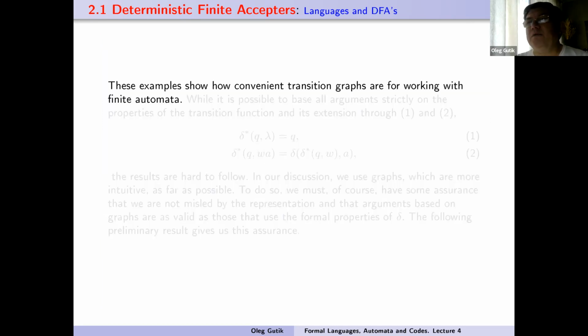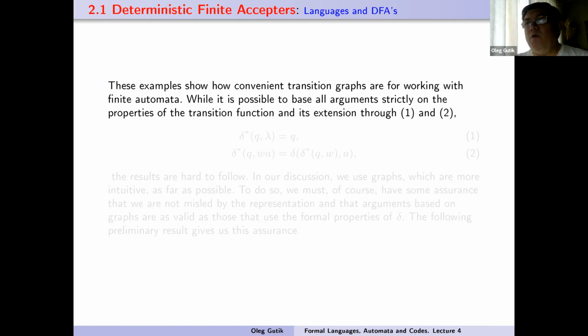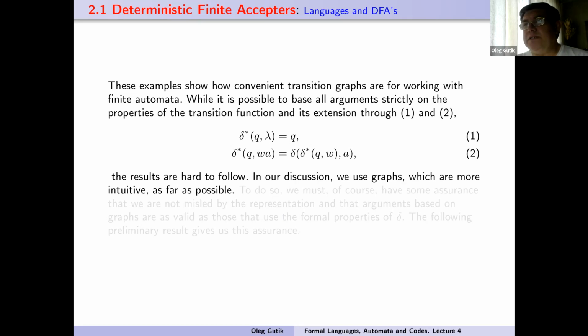This example shows how convenient transition graphs are for working with finite automata. While it is possible to base all arguments strictly on the properties of the transition function and its extension through formulas 1 and 2, the results are hard to follow. In our discussion, we use graphs, which are more intuitive, as far as possible.